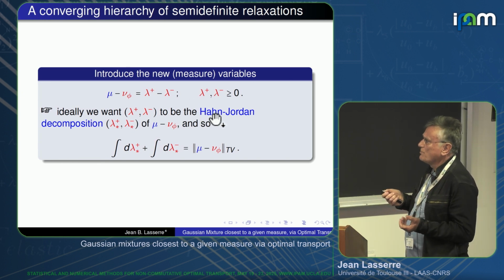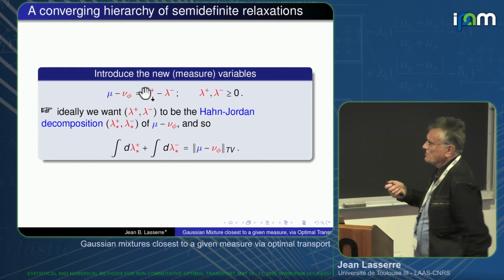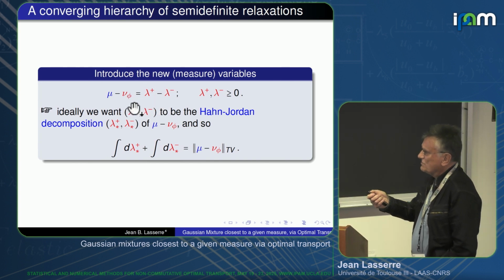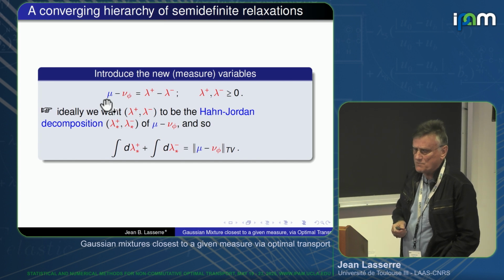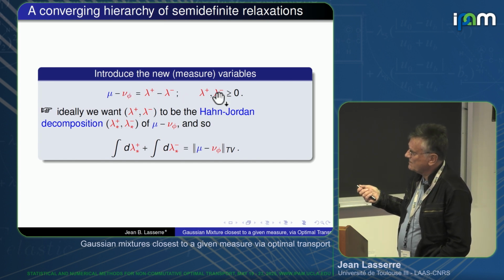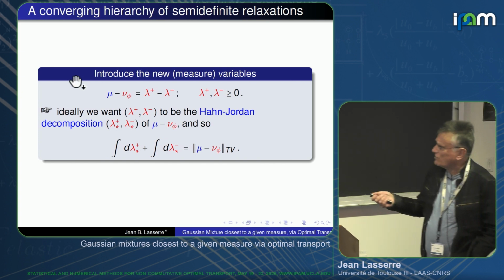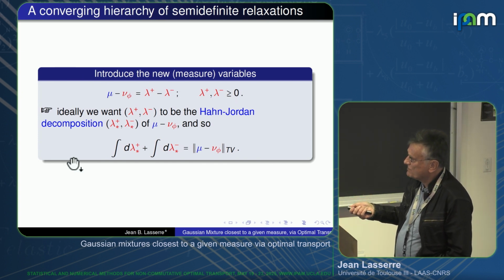Ideally, how would you compute the total variation distance between mu and nu phi? In fact, you say that mu minus nu phi, which is a signed measure, you write as a difference of two positive measures, lambda plus and lambda minus. And ideally, when you solve the total variation distance, you want to obtain the Hahn-Jordan decomposition of the signed measure mu minus nu phi.